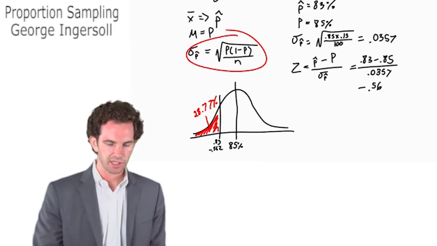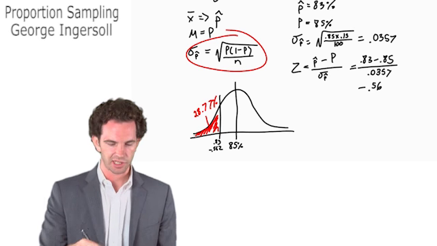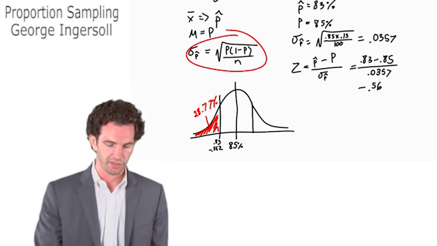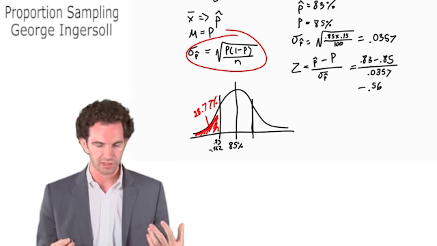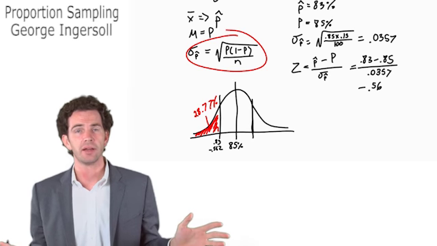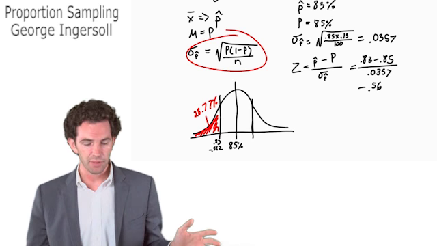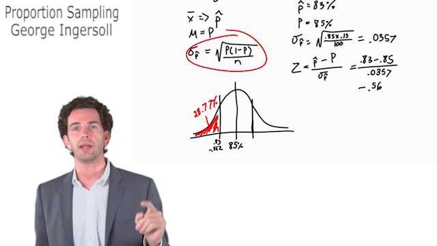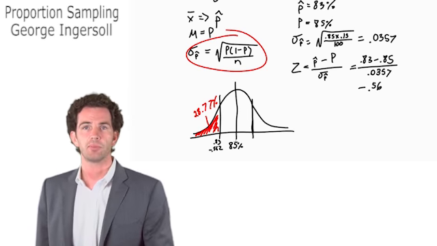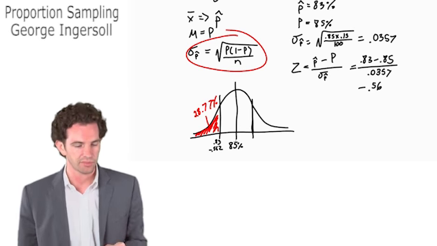So it's not just that we ended up with a value lower than the 85% claim, but what we really need to include is: what's the probability that we would have ended up this far away from the mean? If the mean were true, what's the probability that we would have ended up this many standard deviations away from the mean in our sample proportion using a sample size of 100?